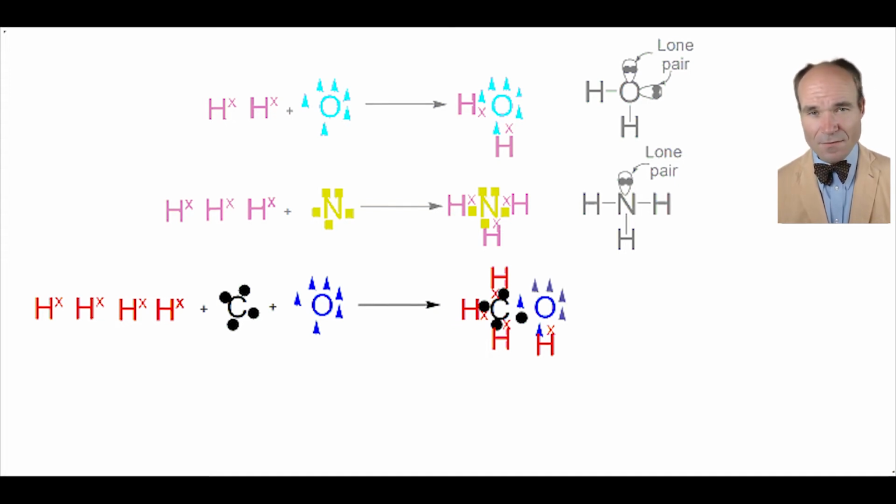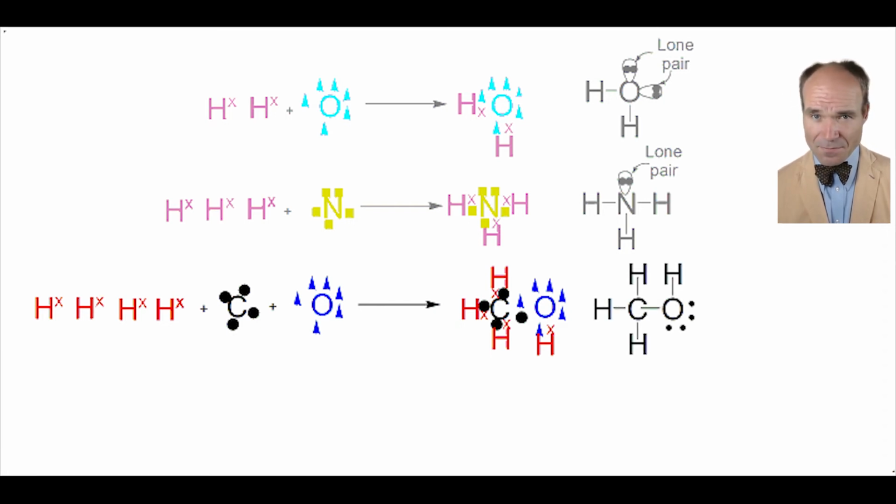There are still 4 electrons in the oxygen's outer shell that we haven't had to share, and they remain 2 sets of lone pair electrons. We can draw this again in Kekulé form, and this molecule is called methanol. It's very useful to transition from needing to draw molecules in Lewis form, as in the center, to being able to draw them in Kekulé form, found on the right, as this is the common method used by chemists.